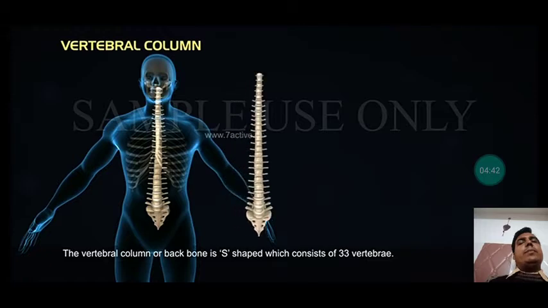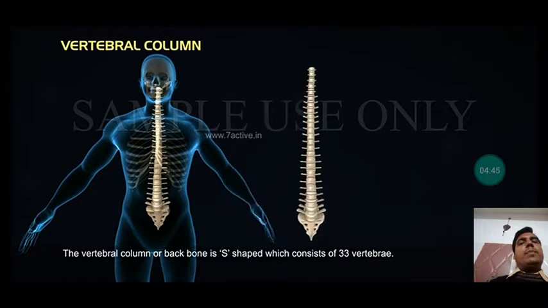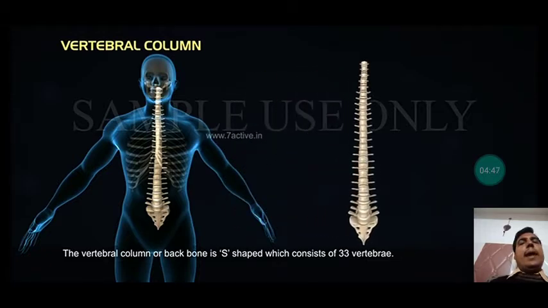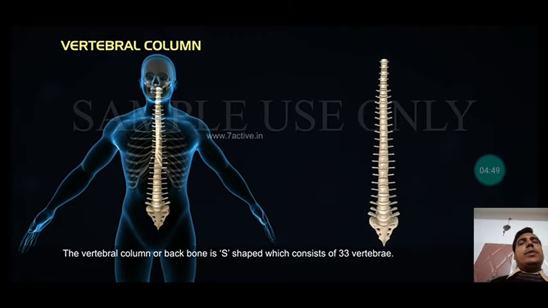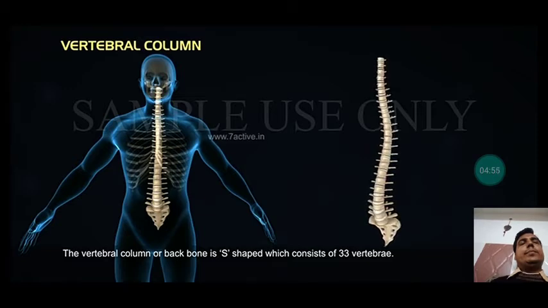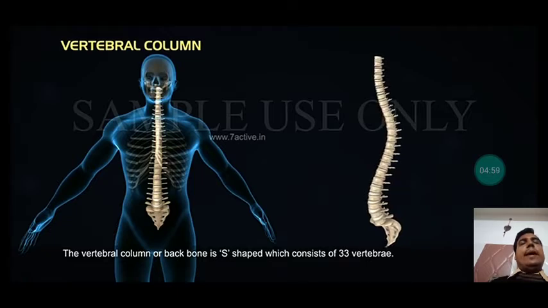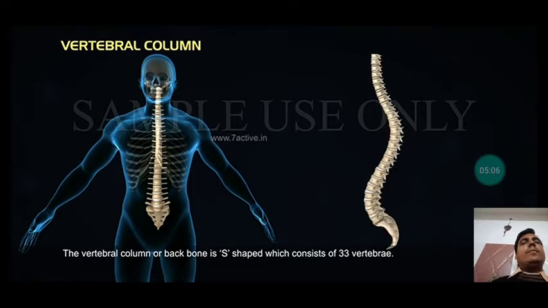The vertebral column or backbone is a structure which consists of 33 vertebrae. It is in the shape of an S, as shown in this animated part.